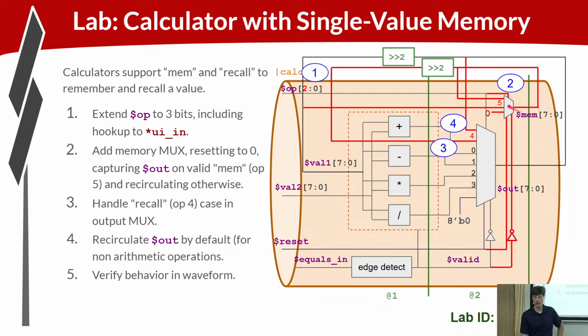So if we recall, we grab the value from the previous calculation and feed it back in here. So that's memory and recall. We also, for this output mux, still need to have our recirculation path.